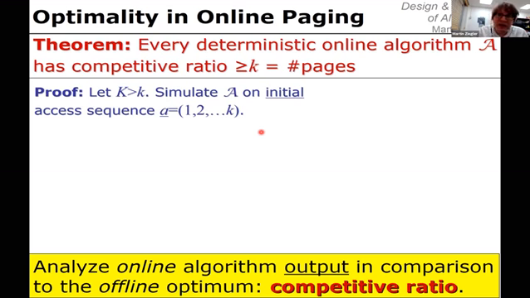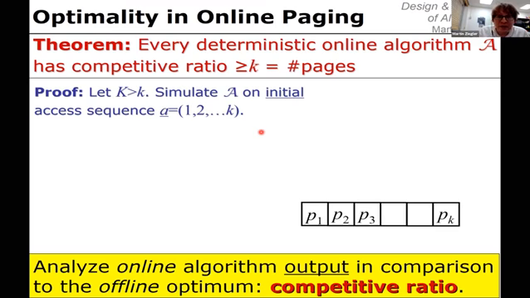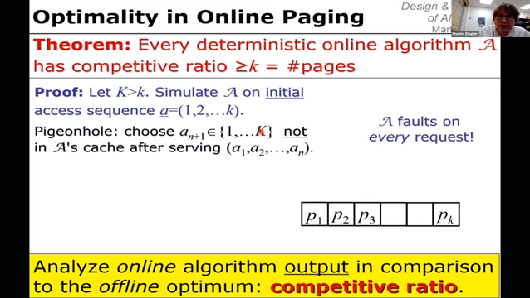This is the adversary kind of argument. We always make the user program or the sequence access in the next step a page which is currently not in the cache. In this way, forcing any deterministic online algorithm to suffer a page fault in every single access, right?